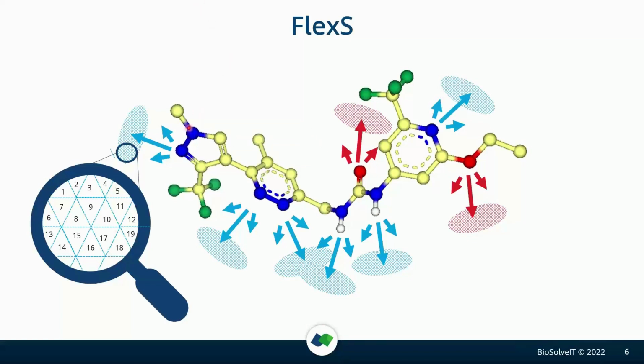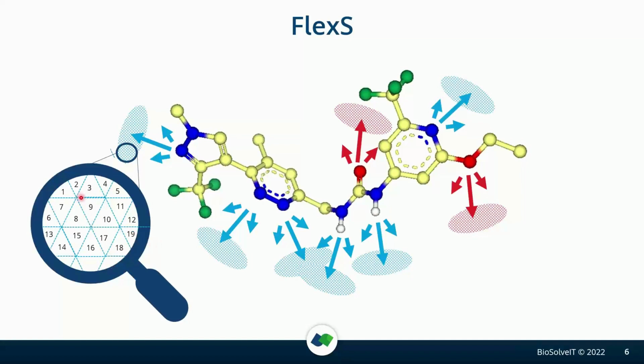So what basically happens is you have a nitrogen atom somewhere, and FlexS says, okay, this is an H-bond acceptor. It defines the perfect H-bond angle for this nitrogen, and also not so perfect H-bond angles in other directions, and it generates a grid based off triangles.